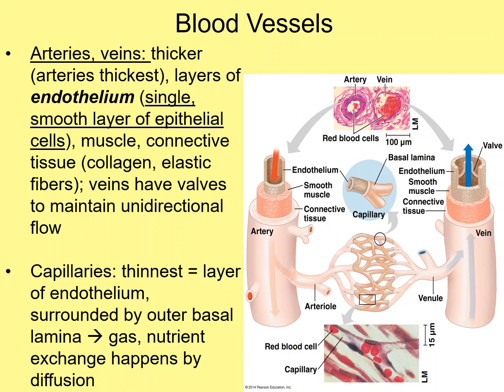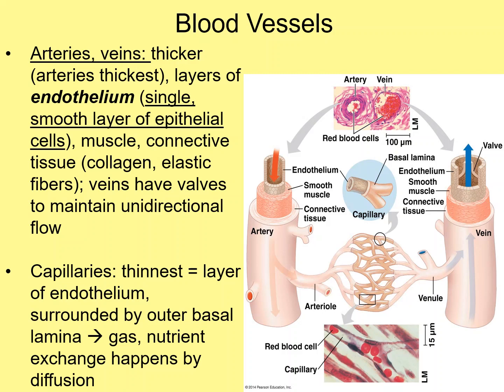And we will talk in class about how that affects the structure of your hemoglobin, such that it allows oxygen to leave hemoglobin and dissolve into the interstitial fluid and get to the cells that are doing all of that metabolic activity. So again, arteries and veins are thicker, with that layer of endothelium surrounded by a layer of smooth muscle, remembering that smooth muscle is generally surrounding and lining cavities and compartments.